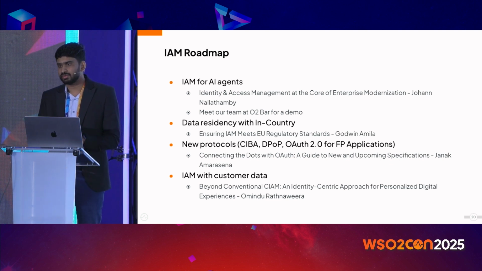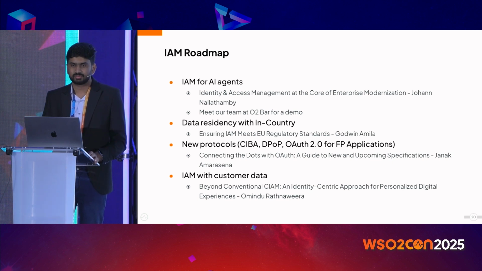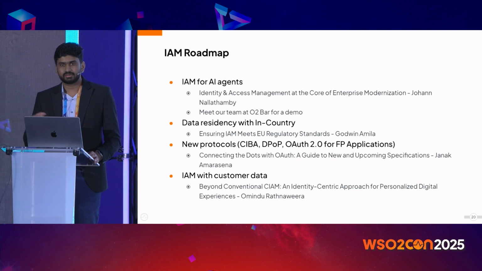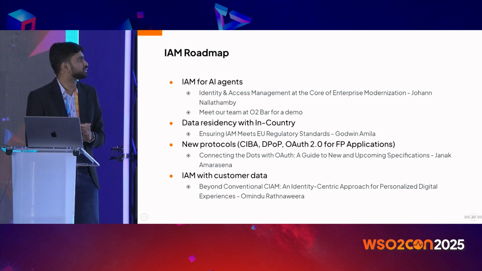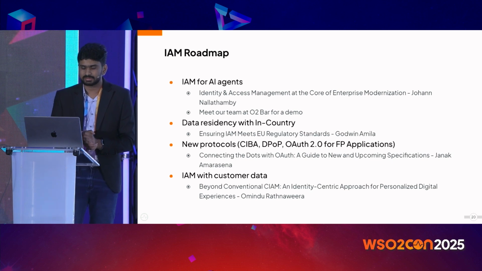If you are interested in this, there is a talk happening tomorrow from Johan, and you can get more information there. Our team is also at the O2 bar, and we have a set of demos configured with our on-prem, and you can see those as well.